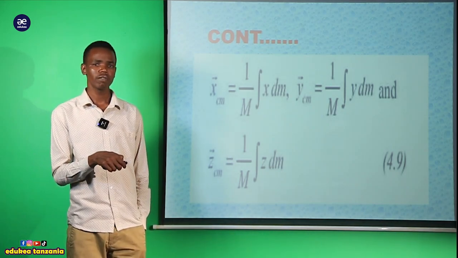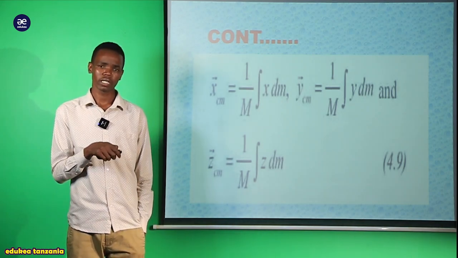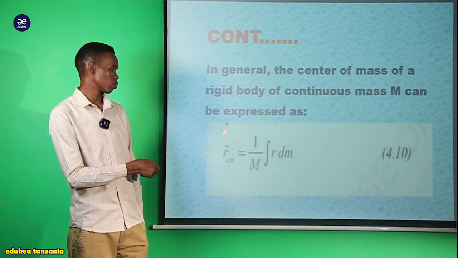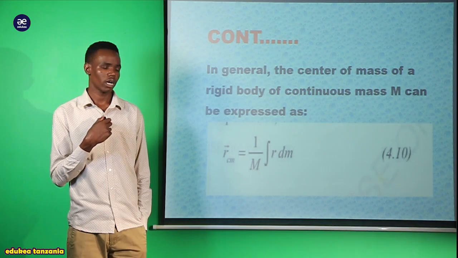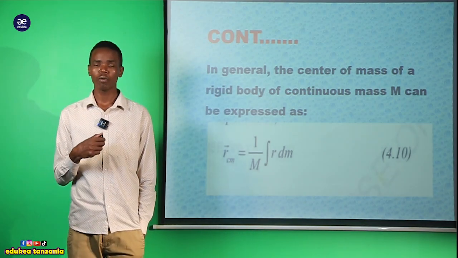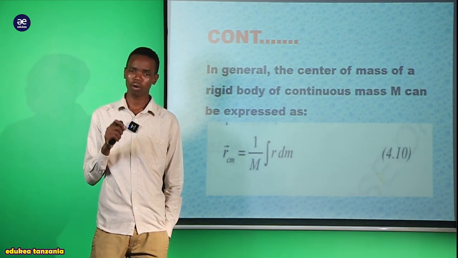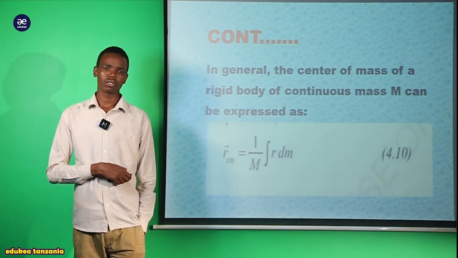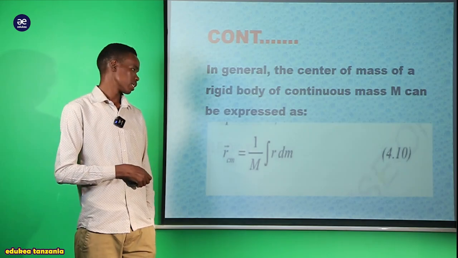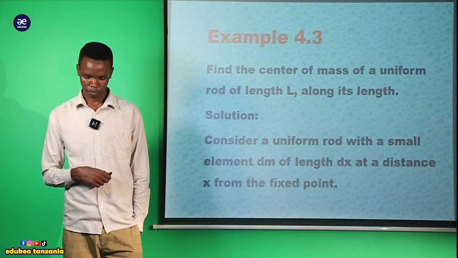But this x plus y plus z integration, the summation, is equal to r. So we substitute r, and at the end of the day we get our equation: the general formula of the center of mass for the rigid body of the continuous or not discrete must equal 1 over m integral of r dm. But this m here expresses the individual masses.